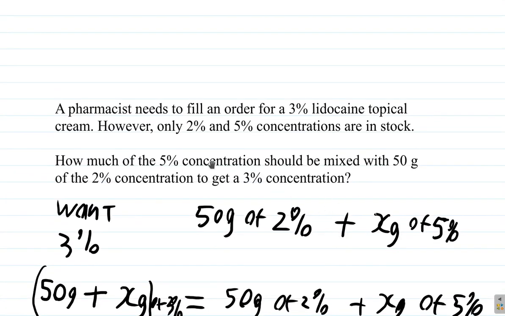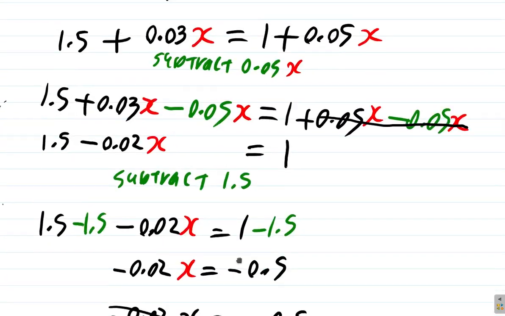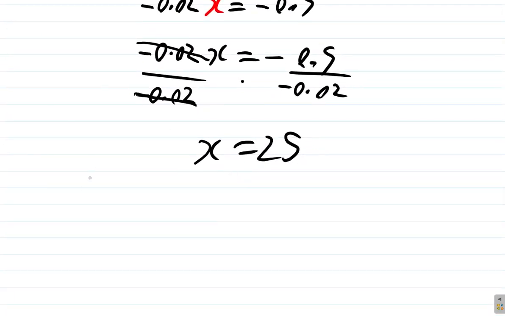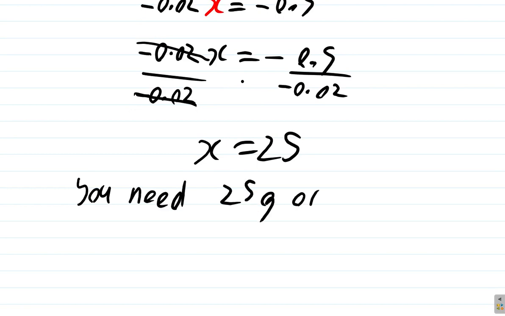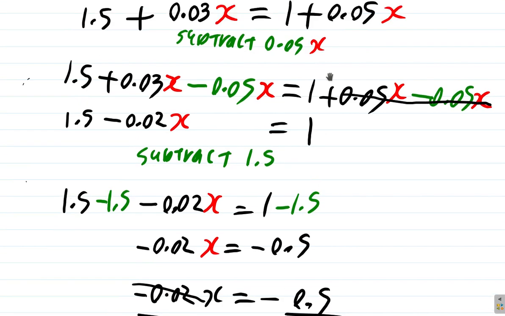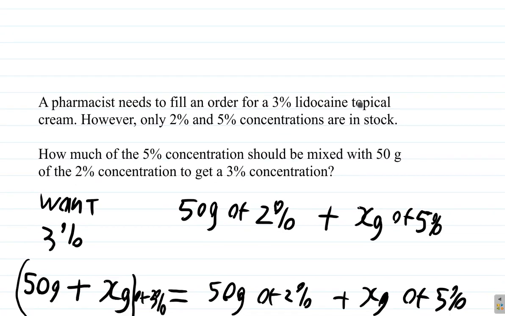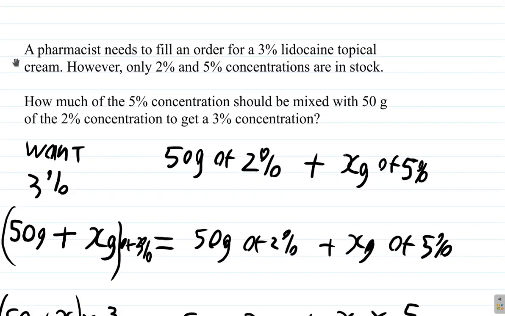So basically, how much of the 5% concentration do you need? What you need, you need 25 grams of the 5% concentration. Now here, 25 grams.